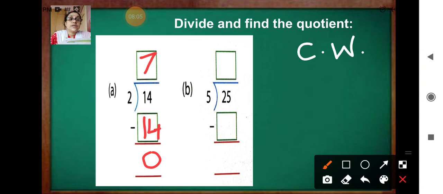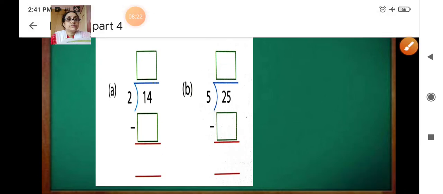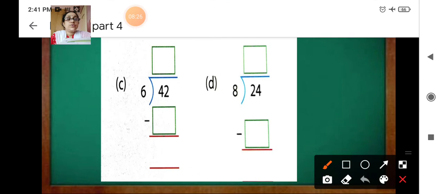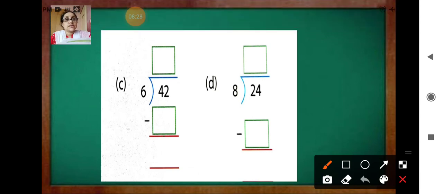Now the next one, question B. 25 divided by 5. 5 fives are 25. Then again 0. Question C. 42 divided by 6. See the tables of 6. 6 sevens are 42.